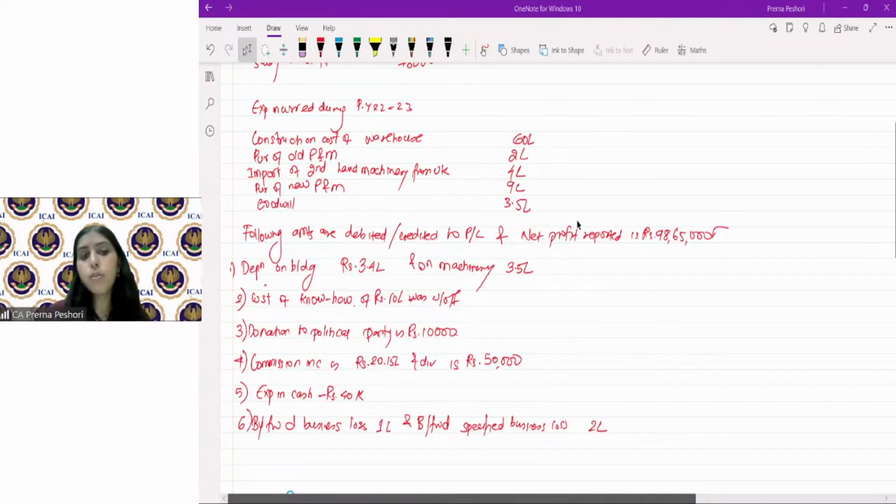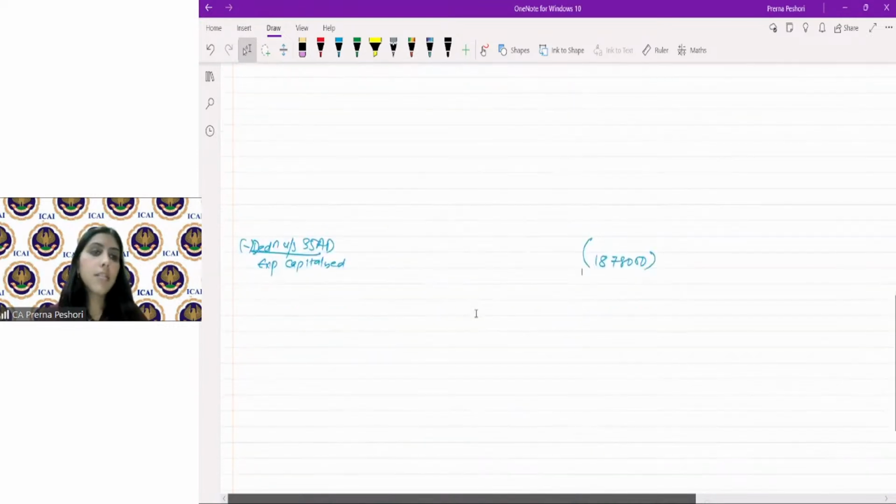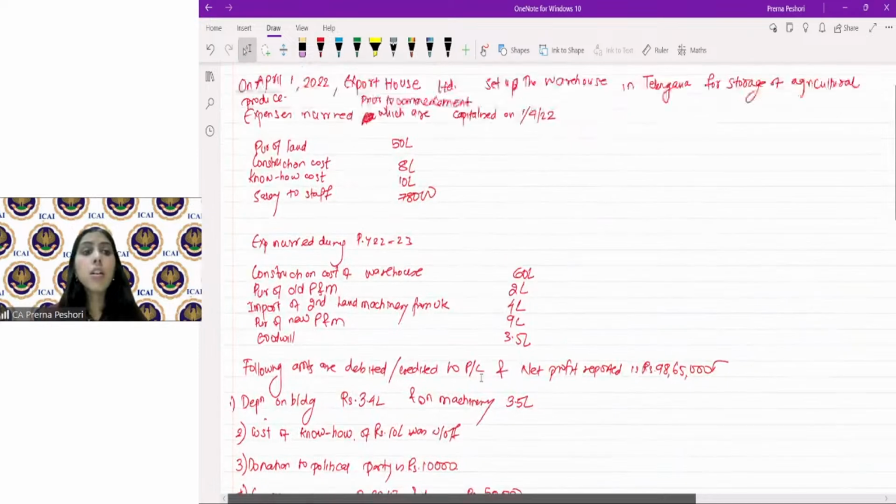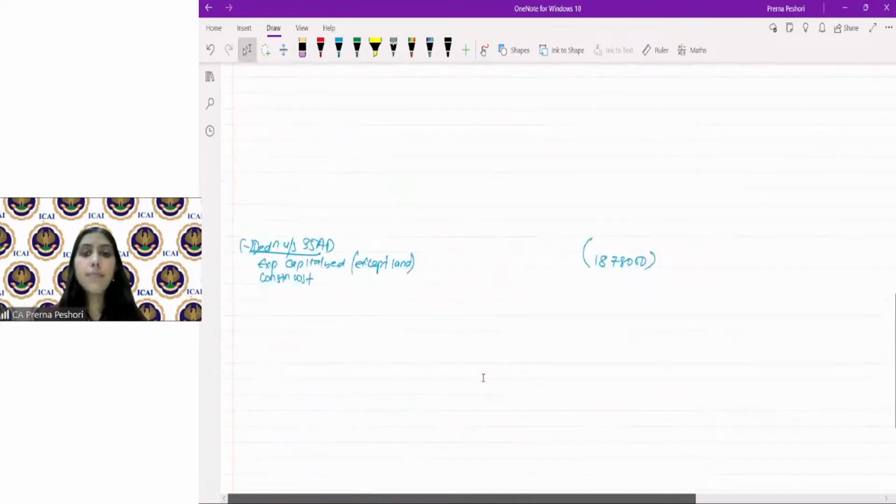78,000 also will be allowed, Janvi. Yes. So construction cost will be allowed. Okay. Construction cost. Here I'm writing except land. Construction cost is how much? 60 lakh. Fine.